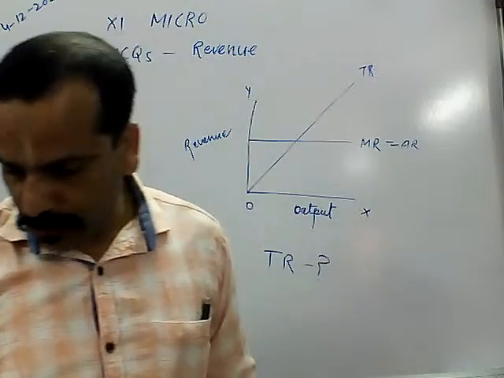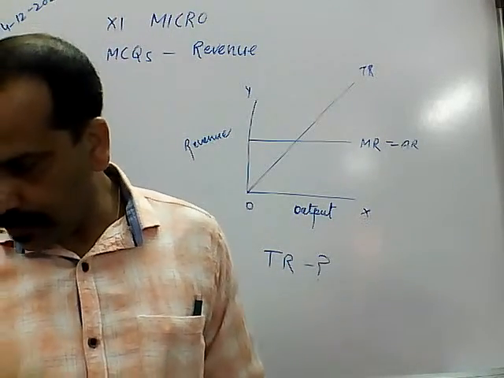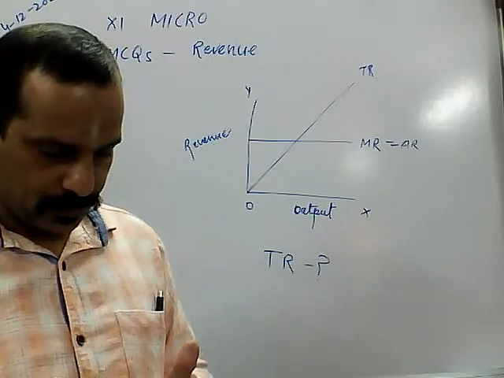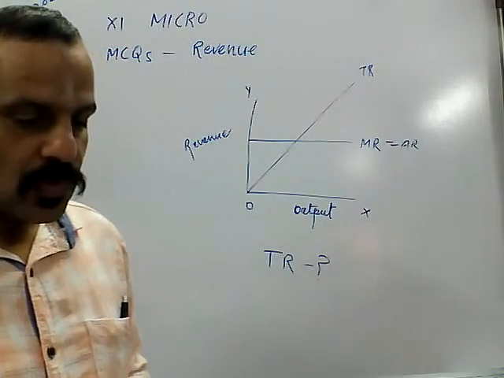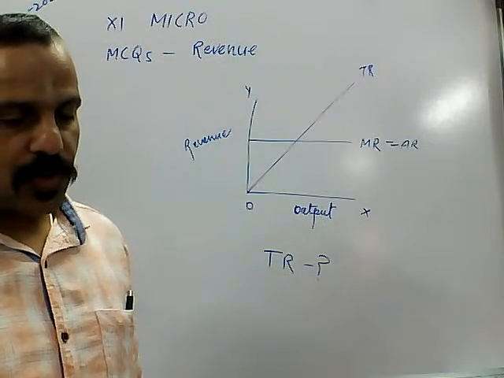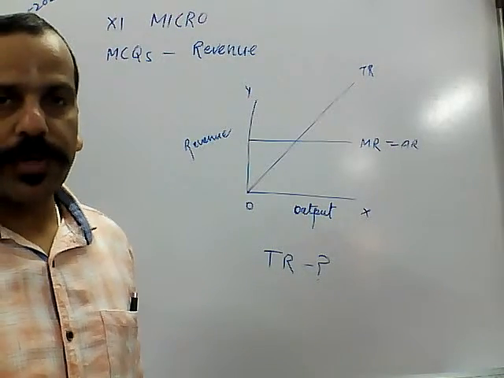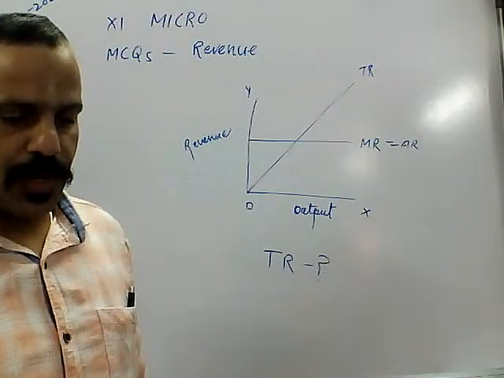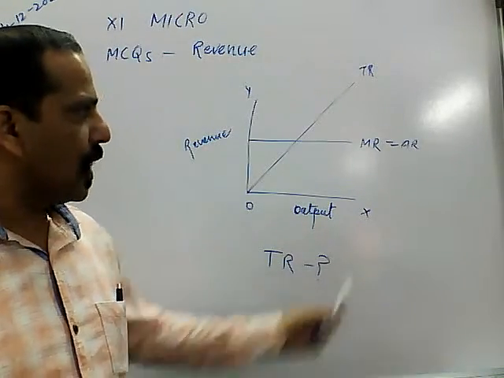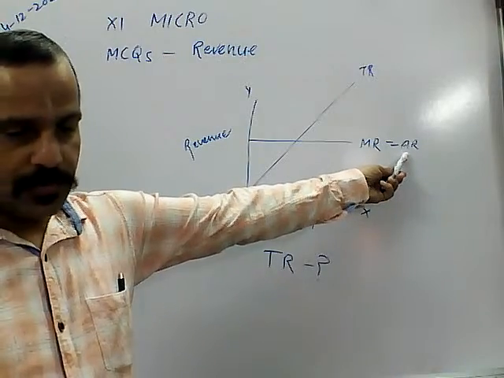Question number 4. When price remains the same with a rise in output, the average revenue curve is... Got it?